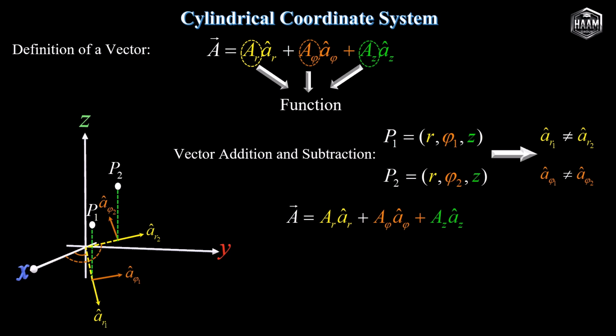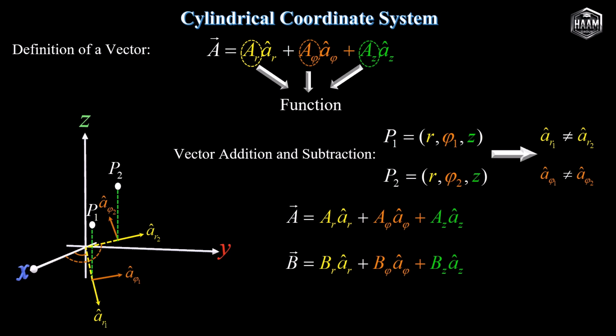Consequently, for addition, subtraction, and subsequently vector multiplication in the cylindrical coordinate system, the location of vector definition must be identical. Specifically, their phi coordinates must match to ensure that the directions of unit vectors a hat sub r and a hat sub phi are aligned, as these unit vectors are defined locally at specific points.